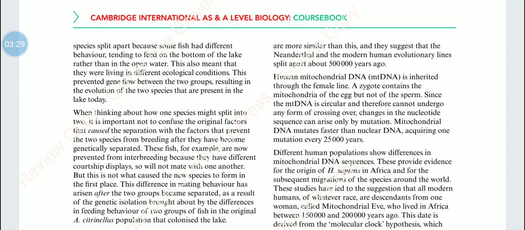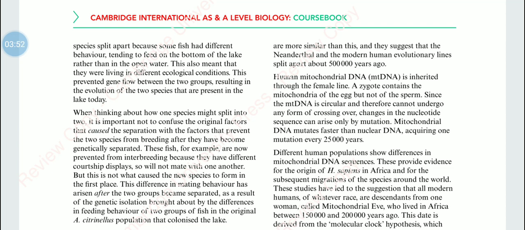Because mitochondrial DNA shows mutations faster than nuclear DNA, it takes about 25,000 years for a single mutation. So different populations of humans have different mitochondrial DNA sequences.